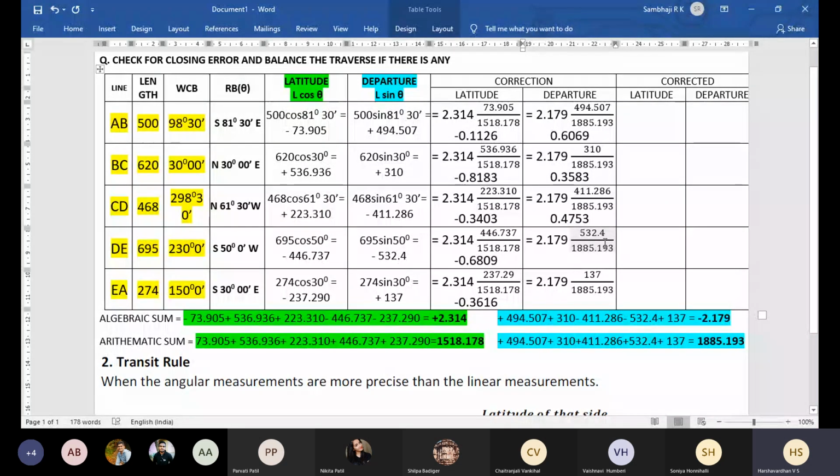For the next line, DE, total error in departure 2.179. Departure of DE is 532.4, and arithmetic sum of departure is 1885.193. Sir, departure correction for the AB line is 0.5715.